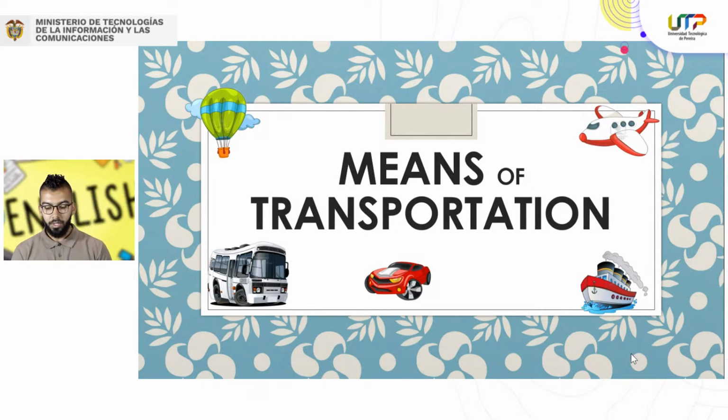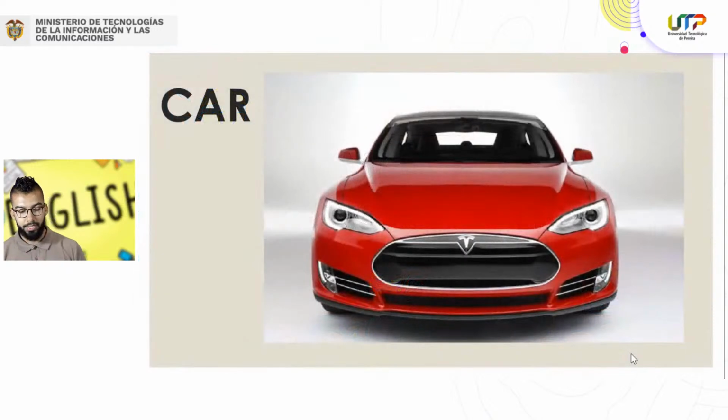So, as you know, we are going to learn about means of transportation, all right? I told you that you may know some of them. However, we are going to review them, and we are going to remember the pronunciation, and why not, you are going to learn it for the first time. So, let's begin.